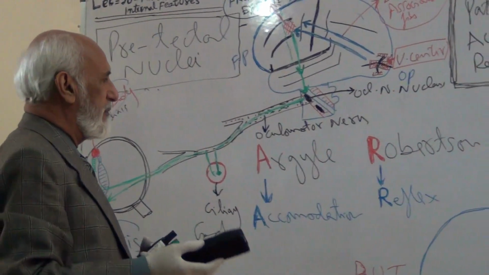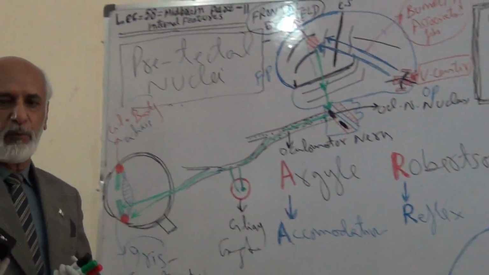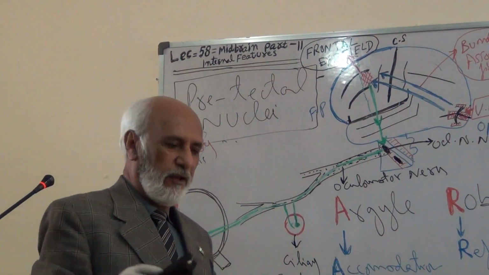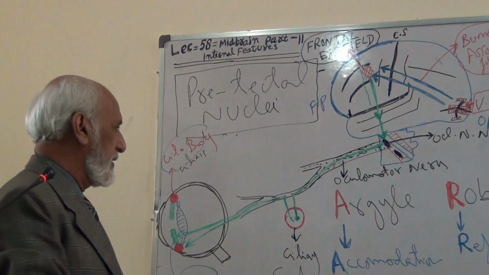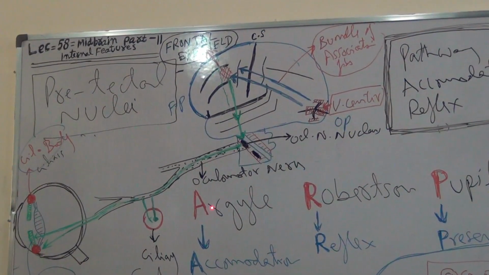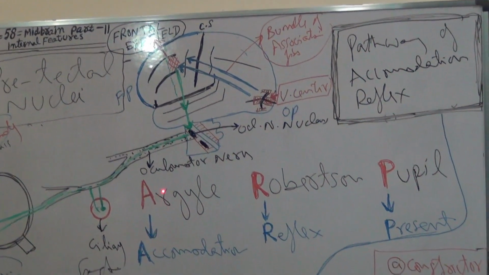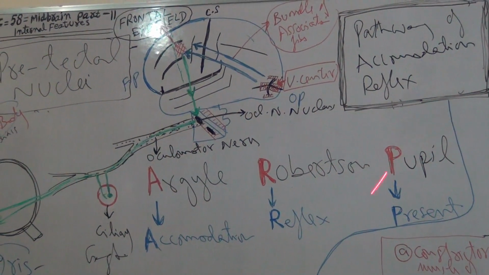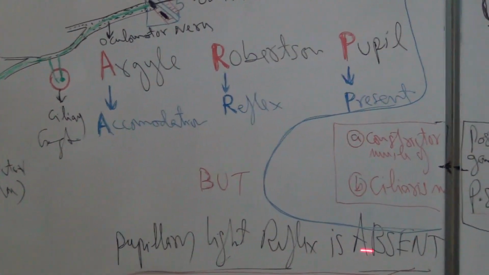This is the accommodation pathway, and you compare it with the pupillary light reflex pathway, which is different. So this is why when there is a lesion of the pretectal nucleus, a condition arises known as Argyll Robertson pupil, in which the accommodation reflex is present but the pupillary light reflex is absent.